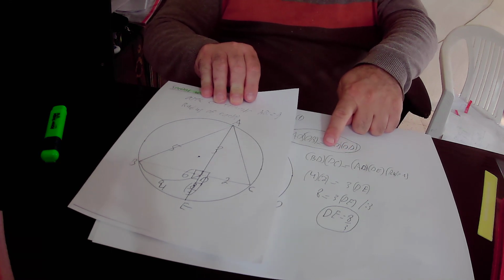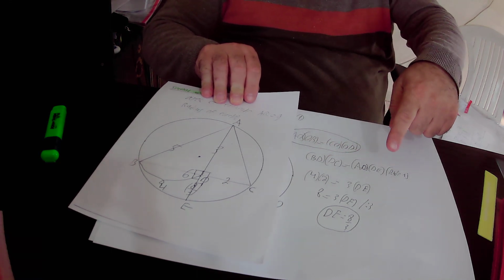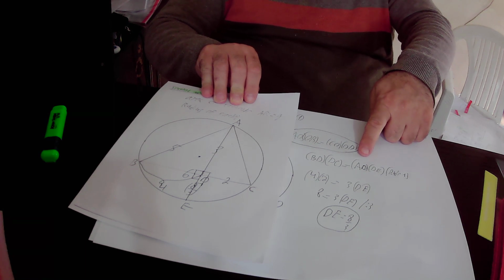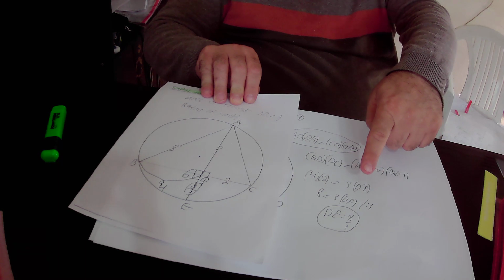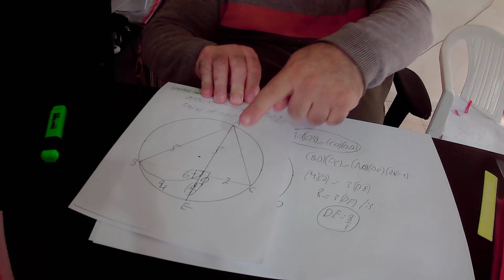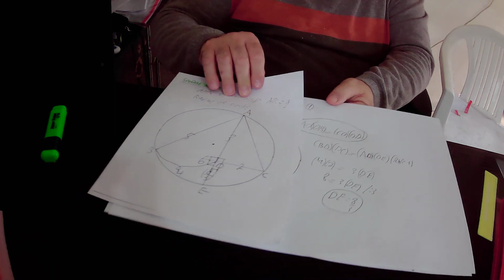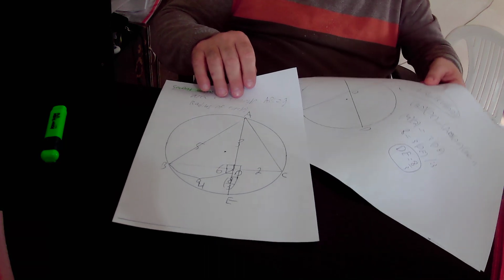According to rule number 1, BD is 4, DC is 2, and it is equal to AD, that is 3, times DE. So 8 equals 3 times DE, therefore DE equals 8 over 3 units. Okay?